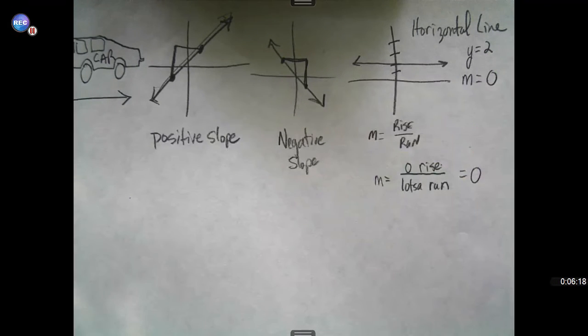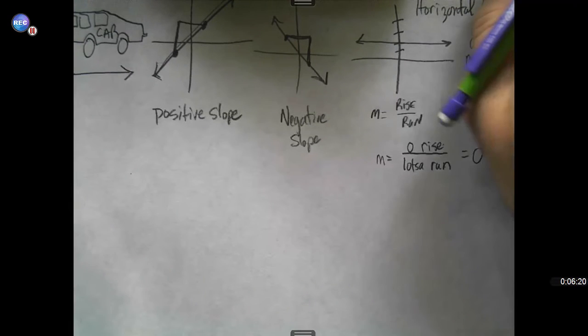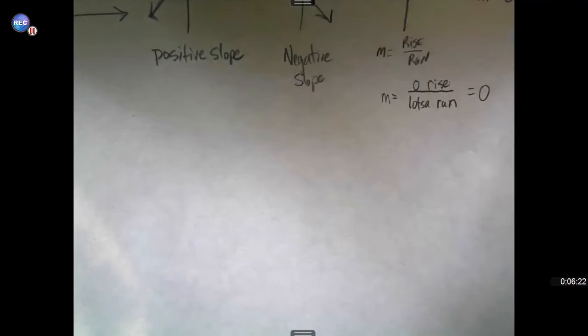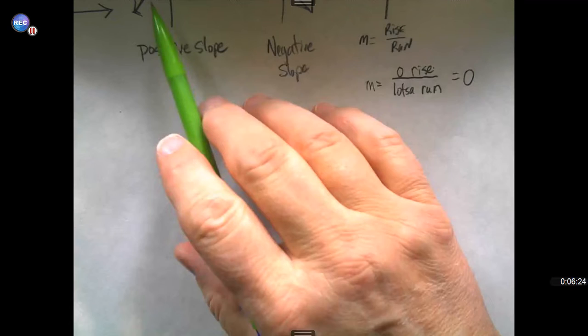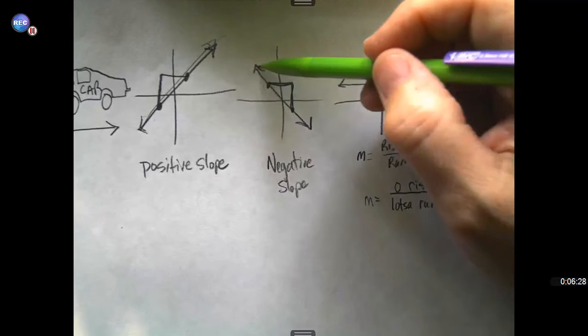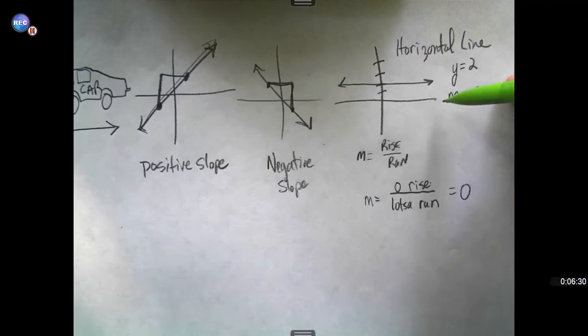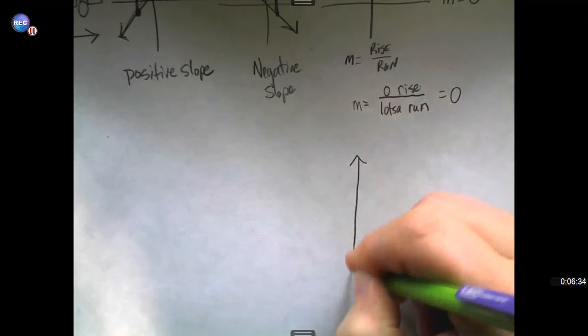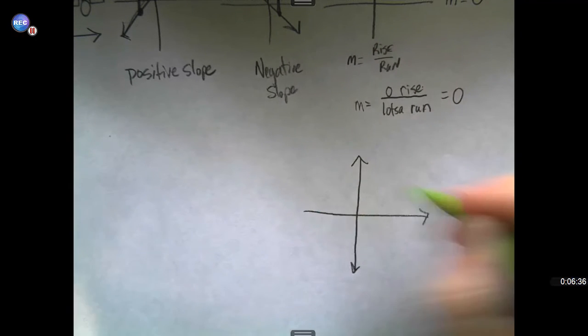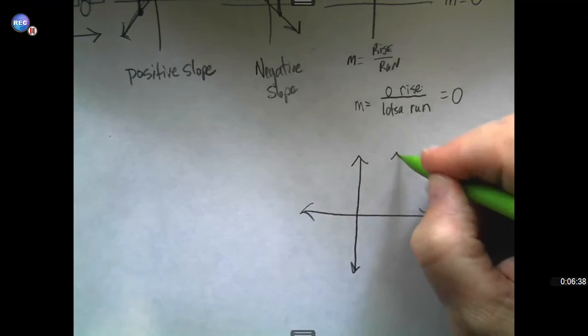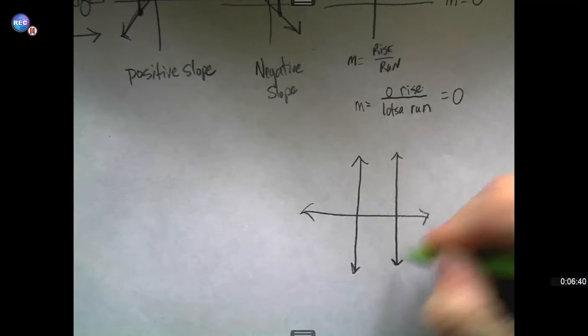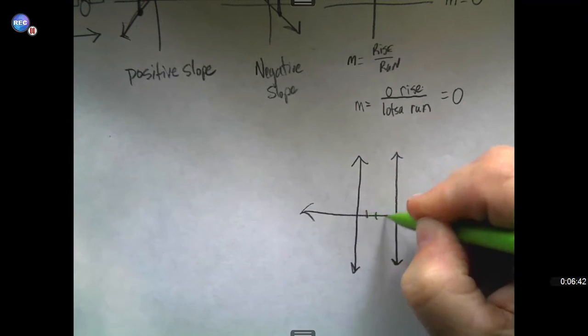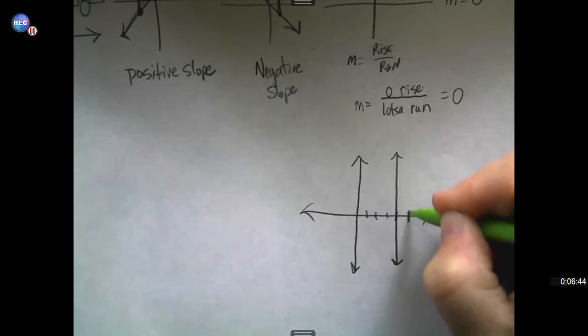So the other option, the last option, the only other option, is that we have a diagonal line where we have a positive slope. We have a diagonal line where we have a negative slope. We have a horizontal line. And then lastly, we can have a vertical line. So this might be the vertical line, 1, 2, 3, 4, 5.